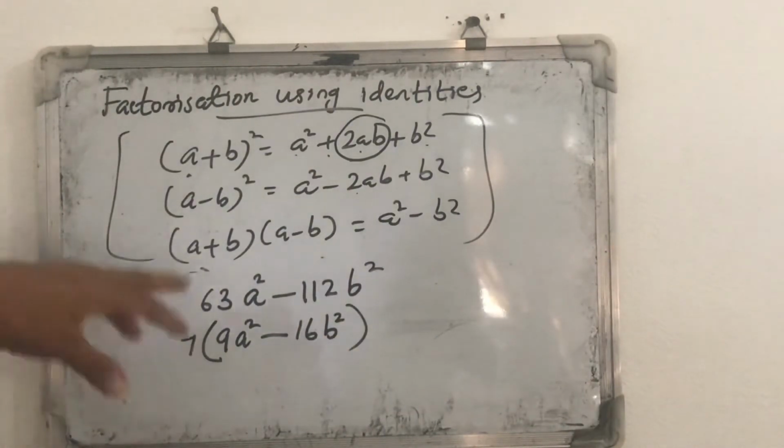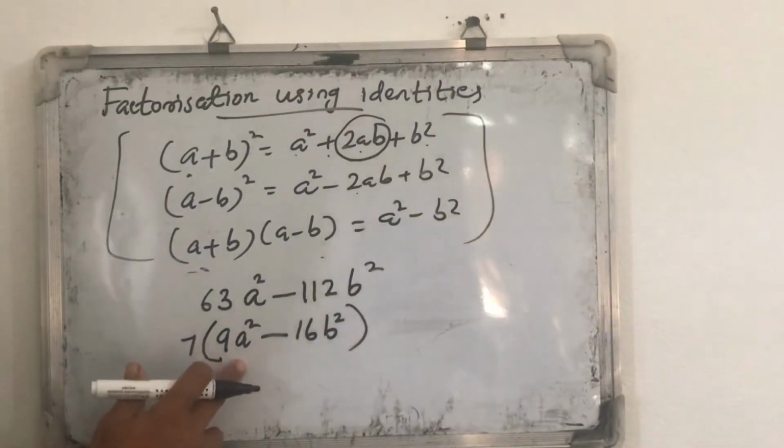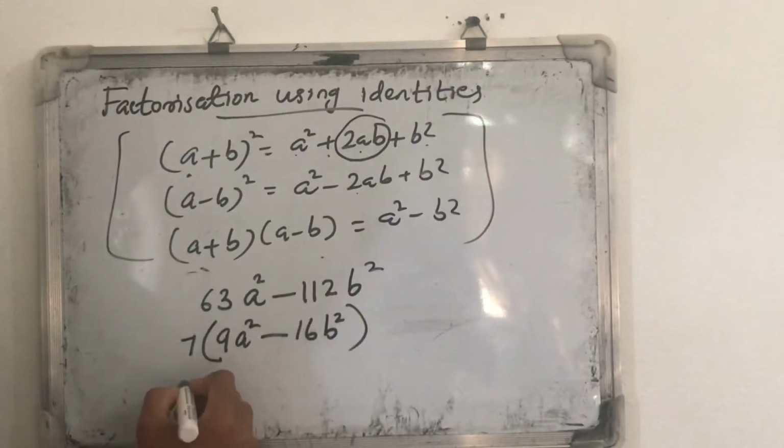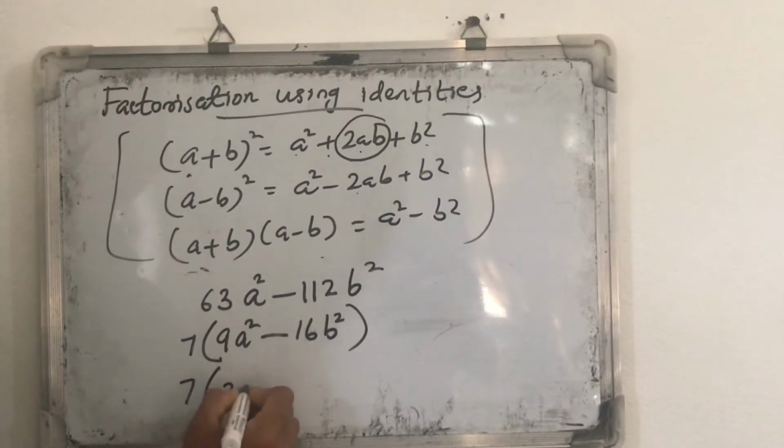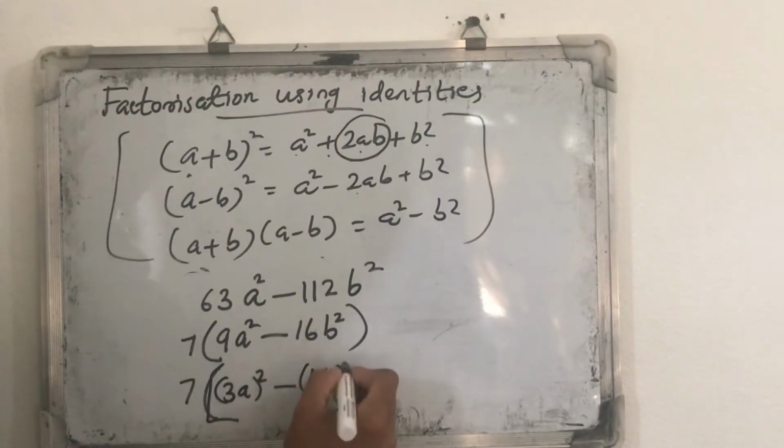Now if it is not a perfect square, then we want to think about whether any common factor is there, and if we take that common factor outside, then it will convert into a perfect square form. Now here it is in the form of a square minus b square. How can we write it? Here a is 3a whole square and 4b whole square.